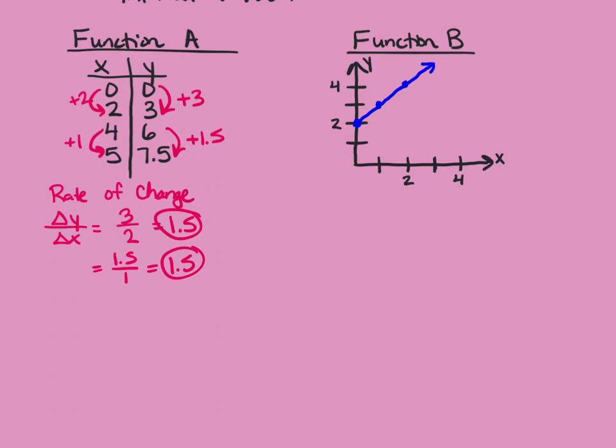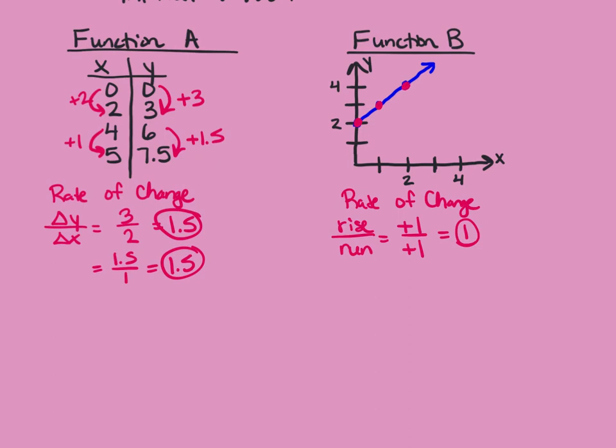Looking at function B, to find the rate of change, we are just going to use rise over run. So I'm going to pick 2 points. Pick this point and this point, and I'm going to say it rises 1, and it runs 1 to the right. So it's got a slope or rate of change of 1. No matter what ordered pairs I pick off of that graph, I would get the same.